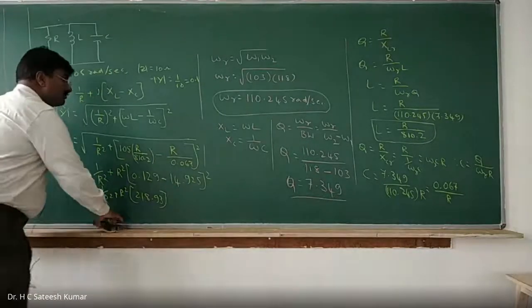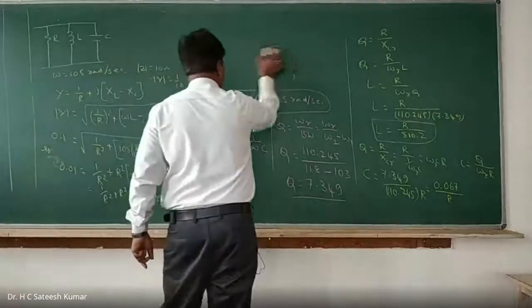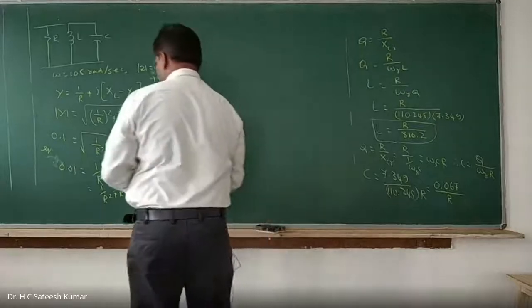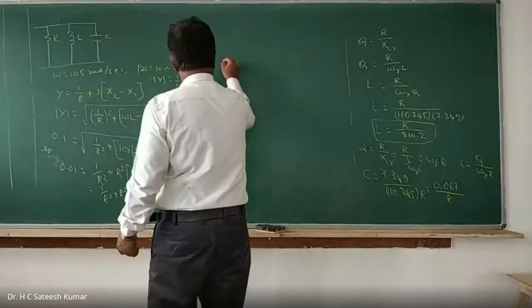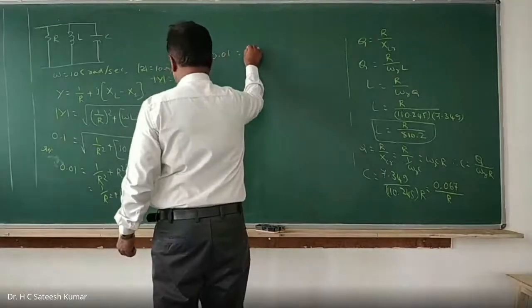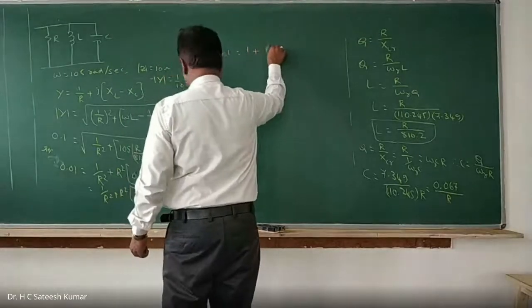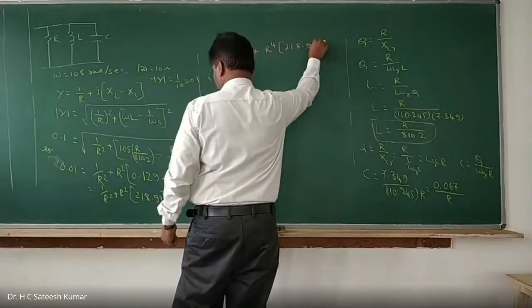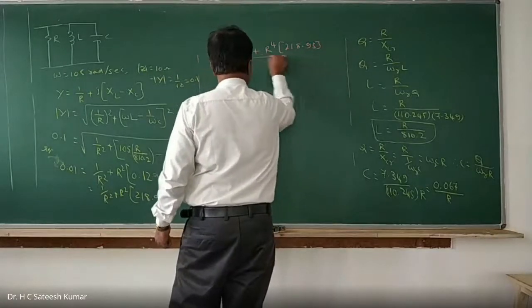Now what you should do is take the LCM. So what is it that we have? 0.01 is equal to 1 plus R to the power of 4 into 218.93 divided by R square.